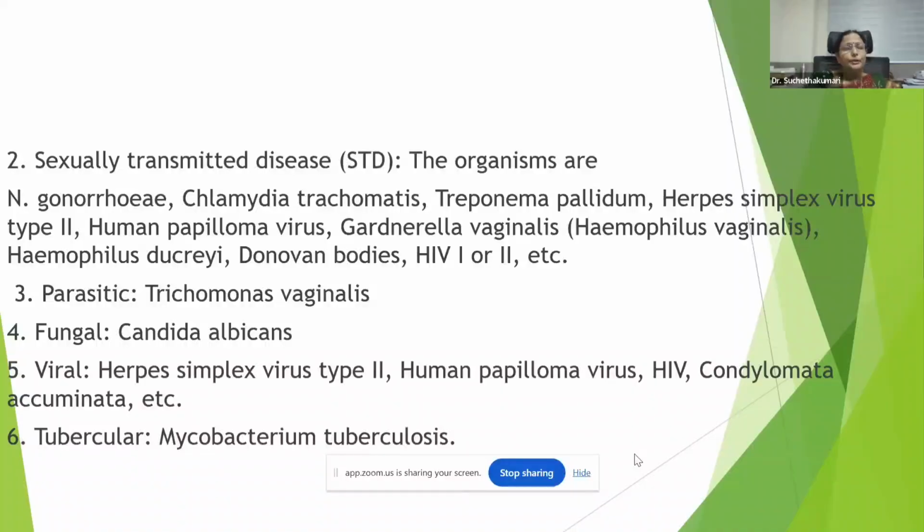Next is the group of organisms responsible for STDs.